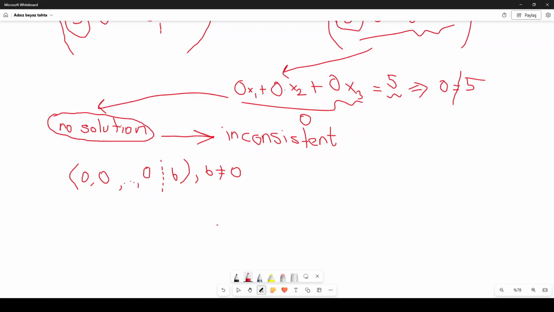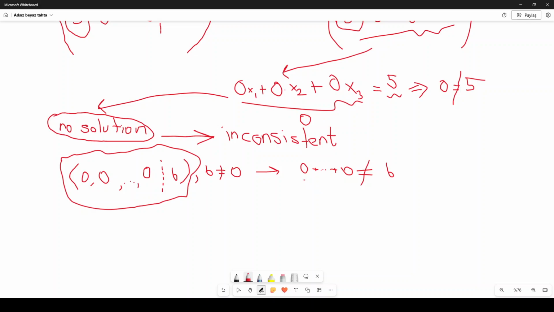So the way we check is we look at all the rows that we obtained at the end of the elimination process, and if we have any row in this form, it doesn't matter where it is in the echelon form, a bunch of zeros up to the right hand side value, and then a right hand side value which is different from 0, then we have something like 0 plus 0 plus 0 and so on equal to b, which is not 0.